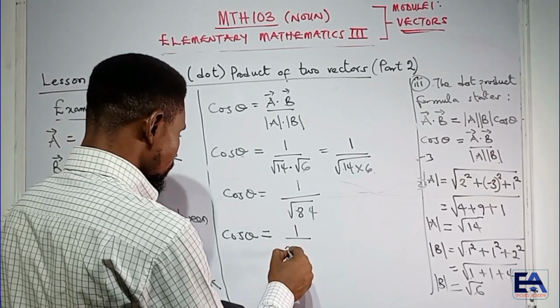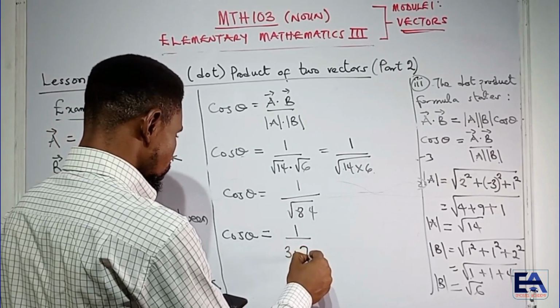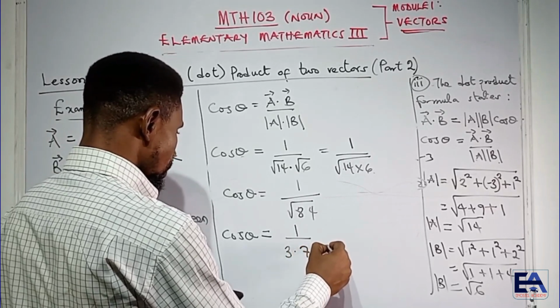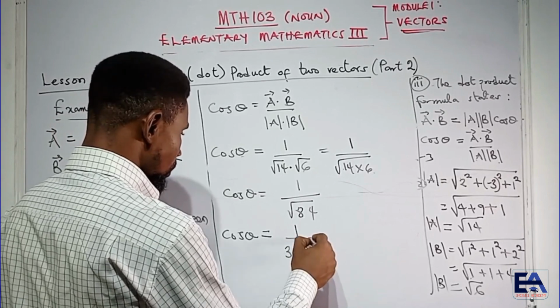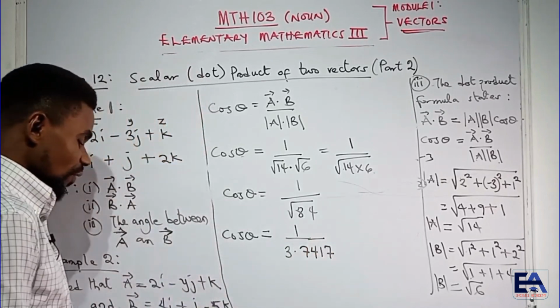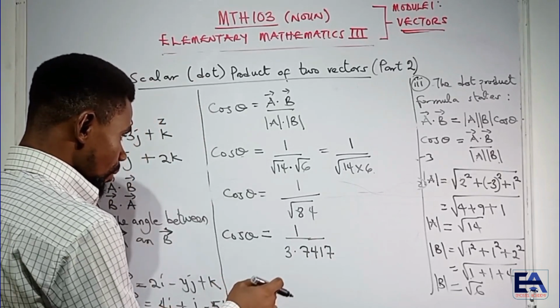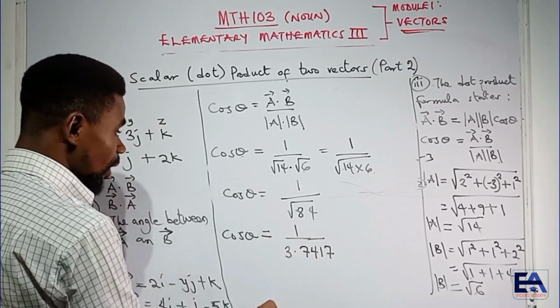Let's just say 3.7417. Now this value you just got, you divide 1 by that value.